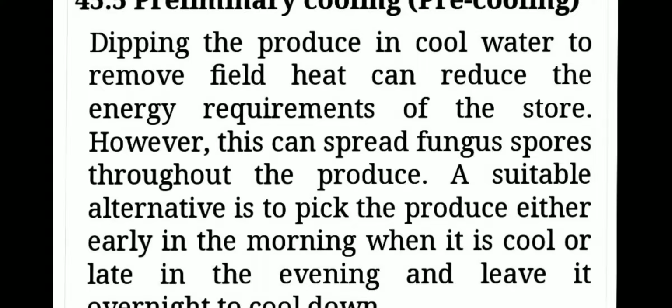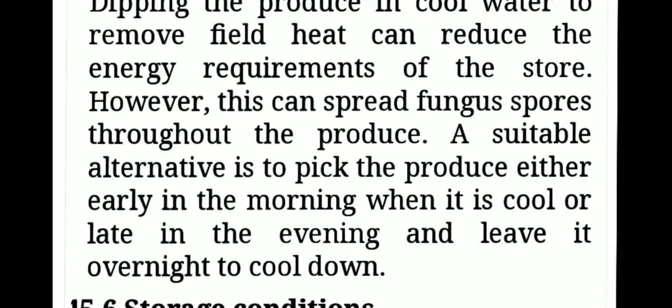However, this can spread fungus spores throughout the produce. A suitable alternative is to pick the produce either early in the morning when it is cool or late in the evening and leave it overnight to cool down.